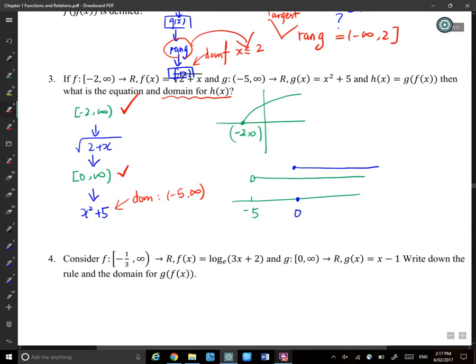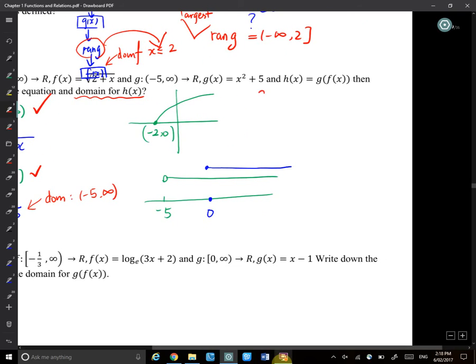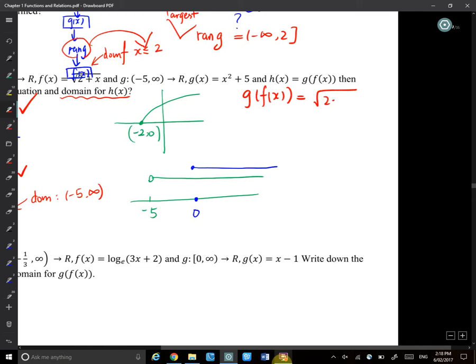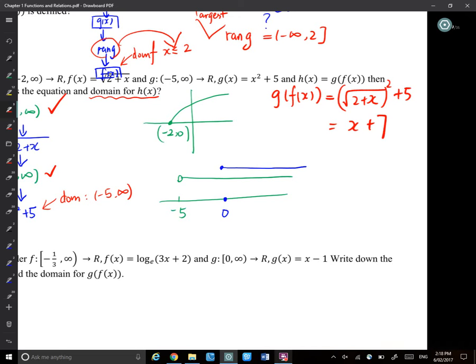So what is the domain for h(x)? It is negative 2 to infinity. And what is the rule? g of f(x): put f(x) into g. So f(x) is this, put into g. We have the square root squared, which is 2 plus x, then 2 plus x plus 5 is x plus 7.